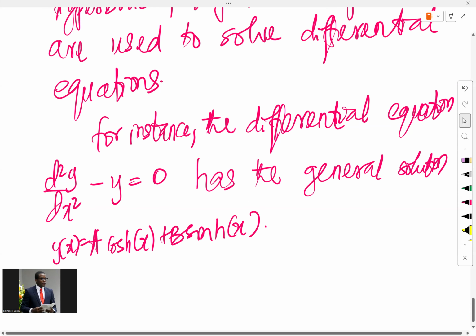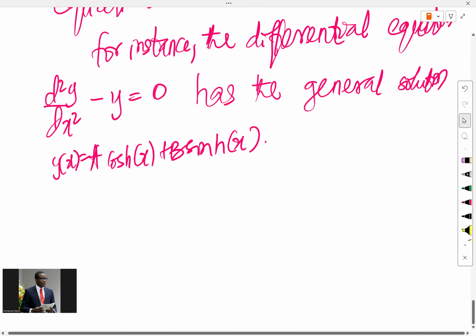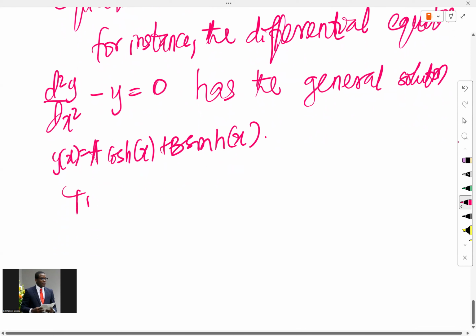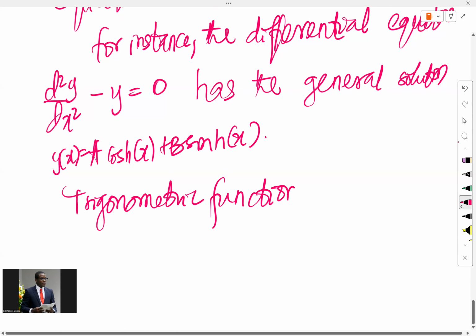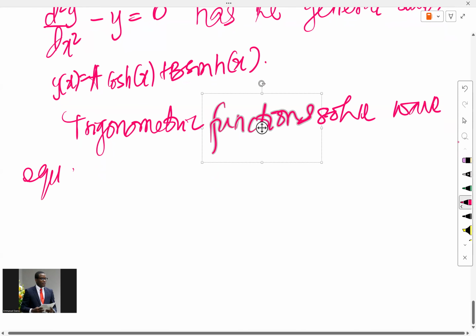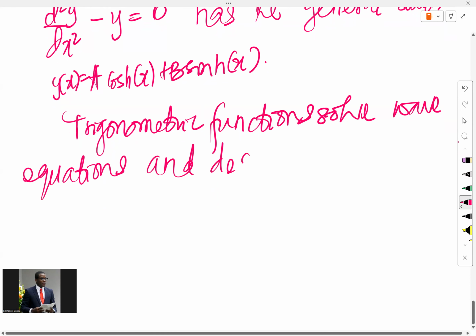Then trigonometric functions solve wave equations and describe, of course, wave equations are also differential equations, and they describe periodic phenomena.